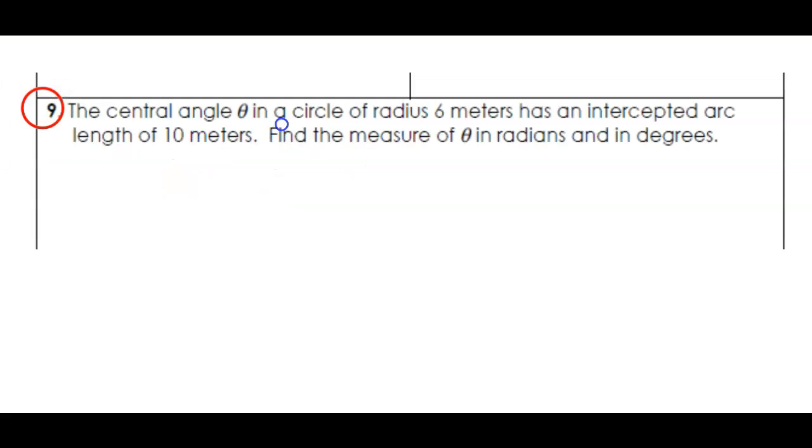Okay. Number 9 has you working backwards. Same thing. Remember, arc length equals radius times angle in radians. So the central angle theta in a circle of radius 6 has an intercepted arc, that's S, of 10.